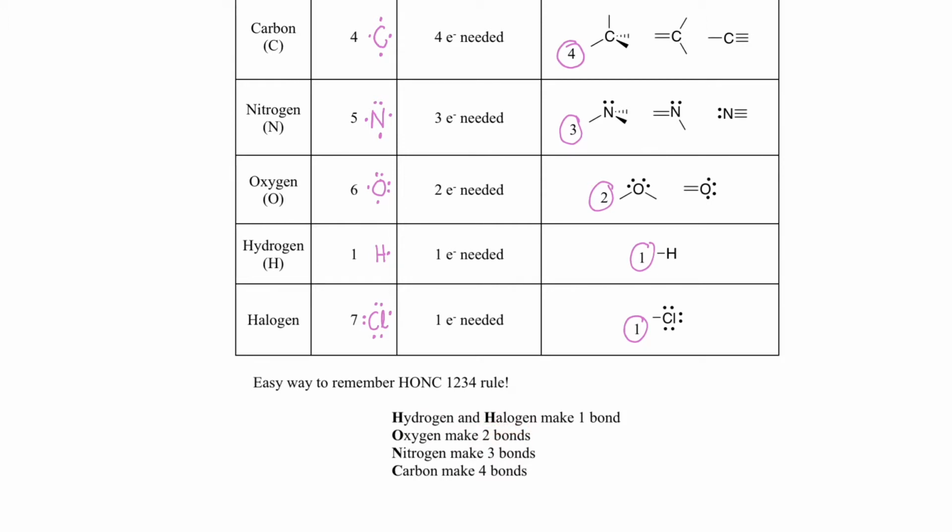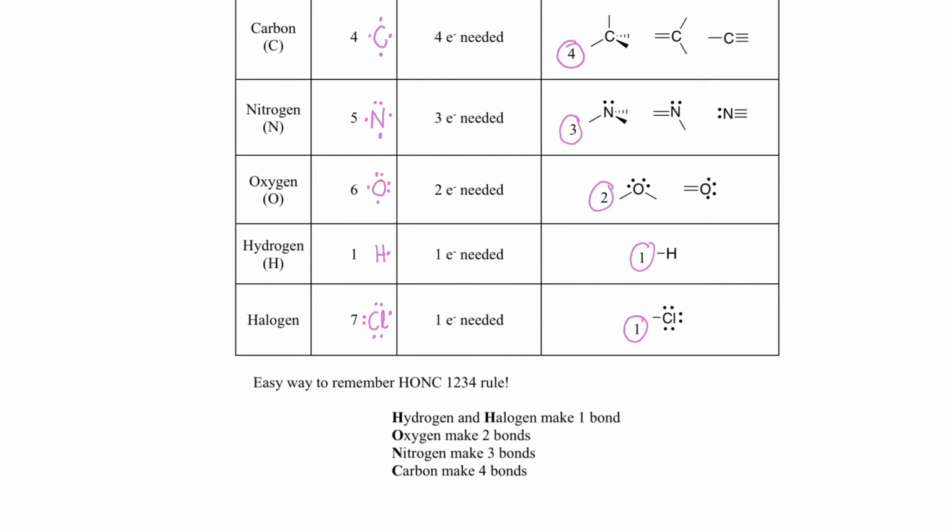So in a pinch, if you can't remember how many bonds carbon needs to have octet, just remember HONC 1, 2, 3, 4: 4 bonds for carbon, and then you make sure to give it those 4 bonds to give it octet. That's something that you'll see over and over again in OChem, because usually in OChem, we will always have octet for these elements that we're working with.